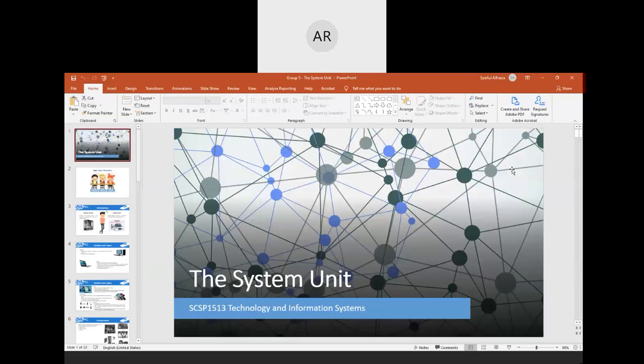So the examples like smartphones, personal computers, laptops, tablets, and wearables that we explained just now are system units, which have all the components used to transmit data or to process data.